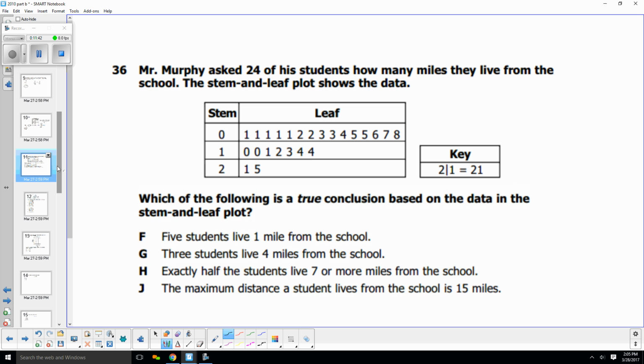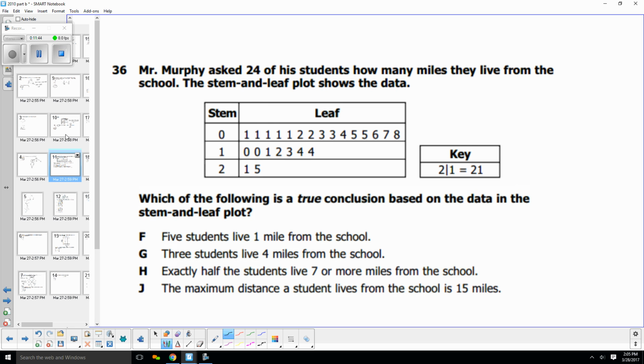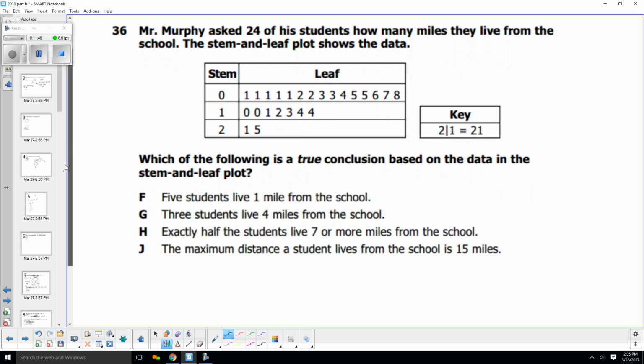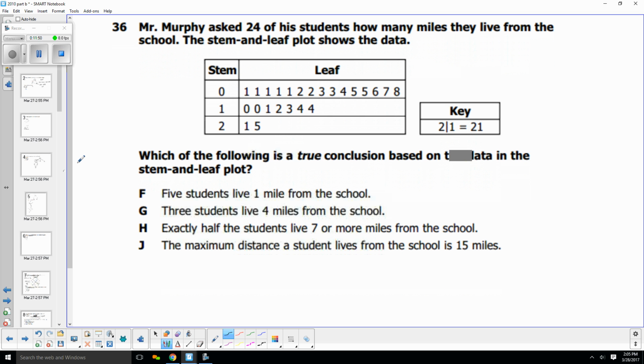All right. 36. Mr. Murphy asked 24 of his students how many miles they live from school. The stem and leaf plot shows the data. Now, you need to pay attention to this key to make sure what they're representing. They said 2 with the line and a 1 means 21. So what does this 4 right here represent? 14 miles.